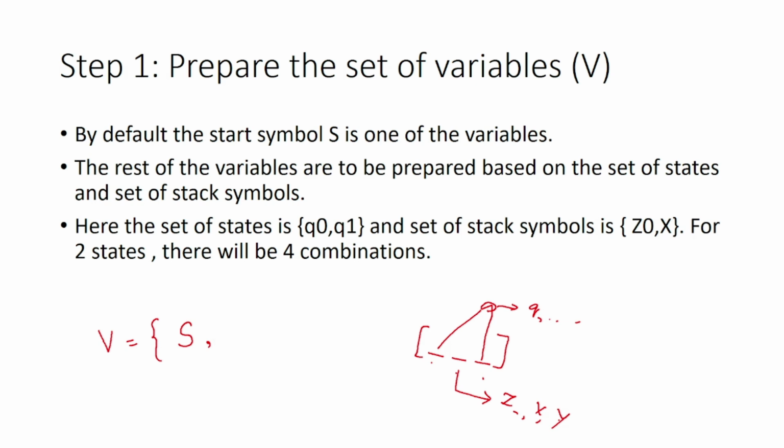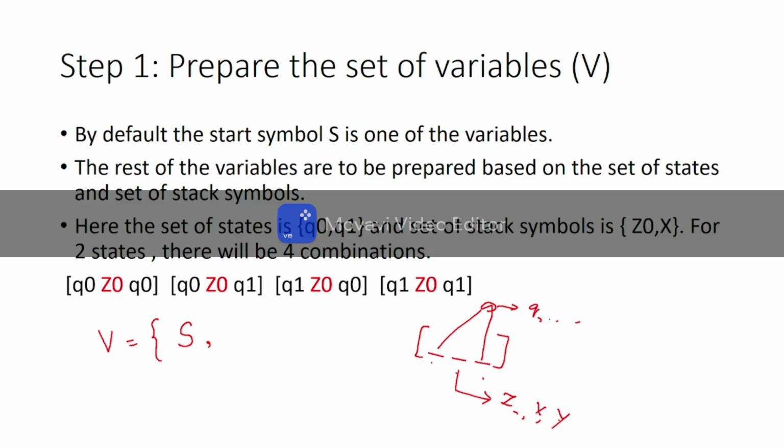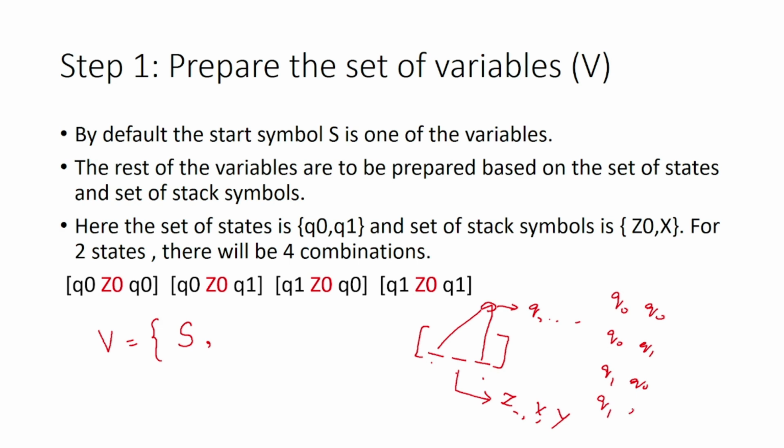So for this we are going to frame them. The given push-down automata consists of 2 states, q naught and q1. For these two states we can frame 4 combinations, that is q naught q naught, q naught q1, q1 q naught, and q1 q1.